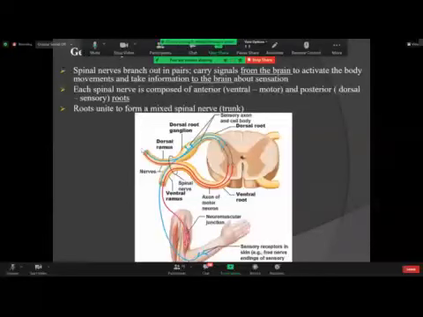Now, usually the sensory stimulus comes in, makes its connection within the gray matter over here, and then the neurons present in the gray matter, the intermediate ones, go out through the ventral root.